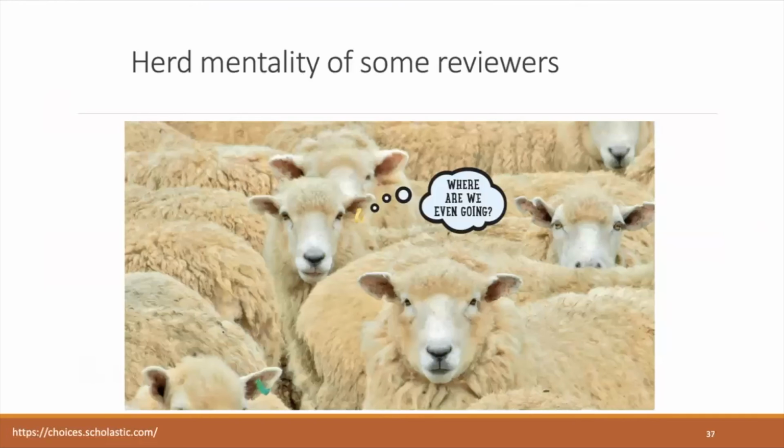It's not rocket science. Herd mentality is real, and for conference reviews, it is just so damaging. If you see reviews where most of the reviewers are kind of lukewarm, I'm not saying strong reject, okay? Lukewarm.